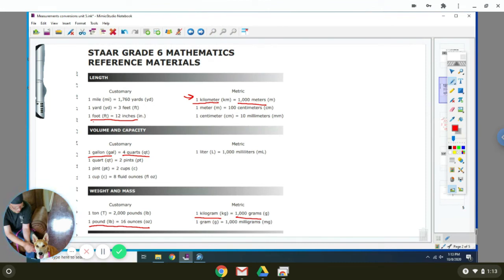So it says 1 quart is 2 pints, and then 1 pint is 2 cups.